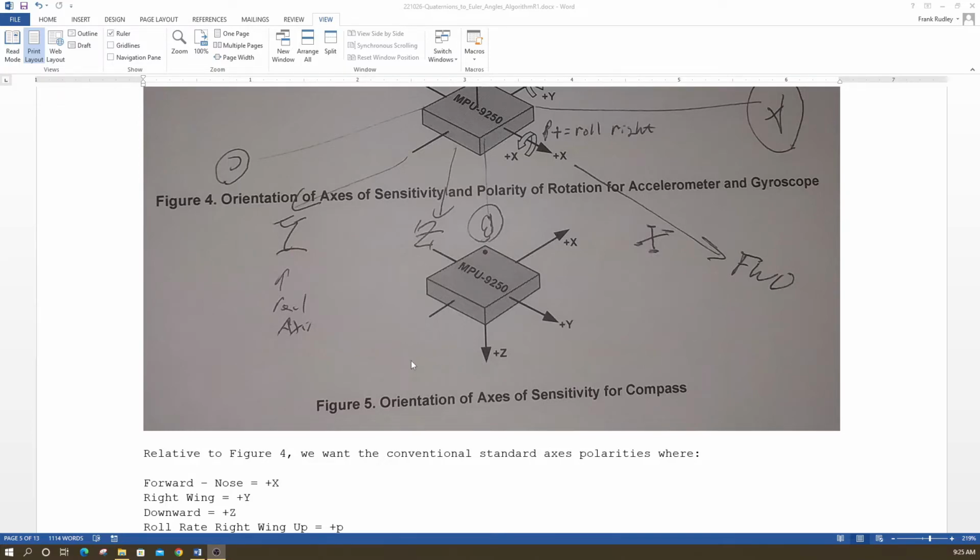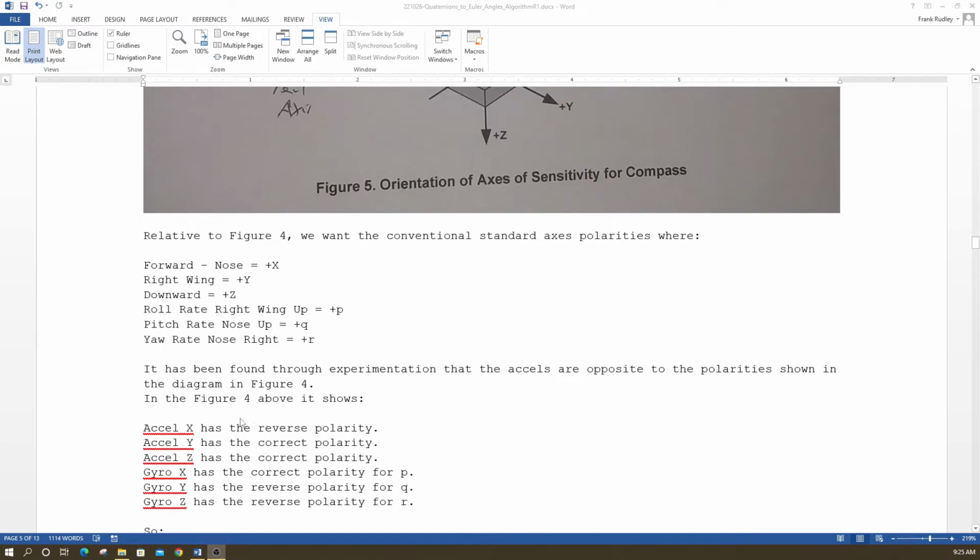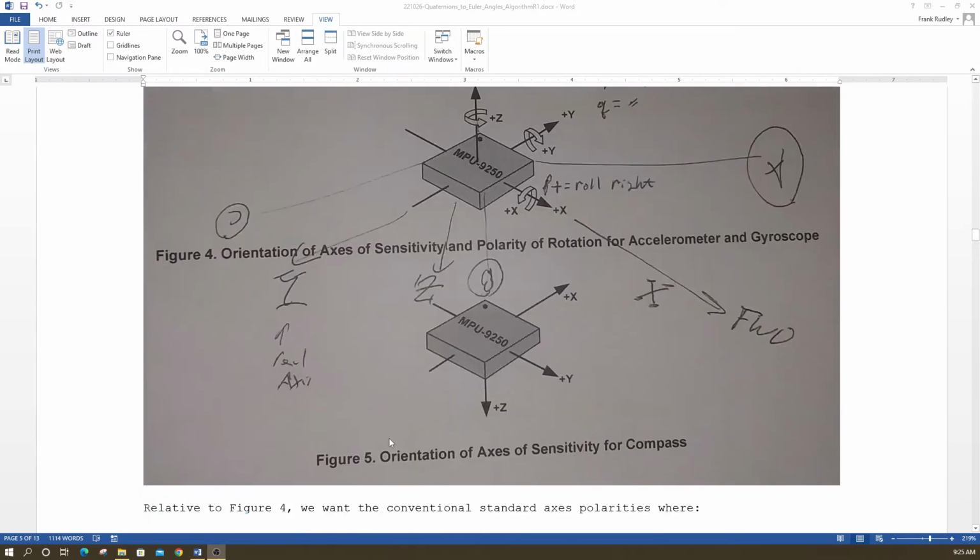We'll look at the equation some more. So accel x has the reverse polarity. To make this positive, we have to add a minus sign. But our y-axis happens to have the correct polarity, and our z-axis has the correct polarity, because these were shown in the opposite direction.